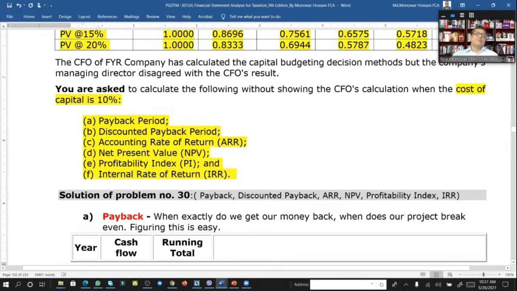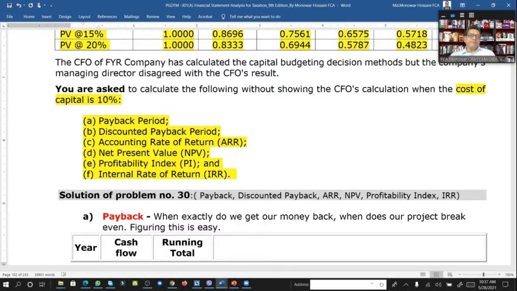So look here, payback period. What is the payback period? When we invest in a project, how quickly does the money come back to me? This is the payback.